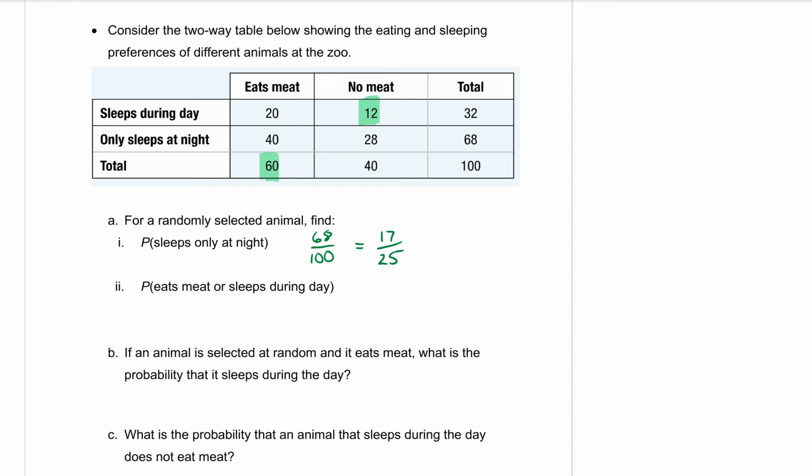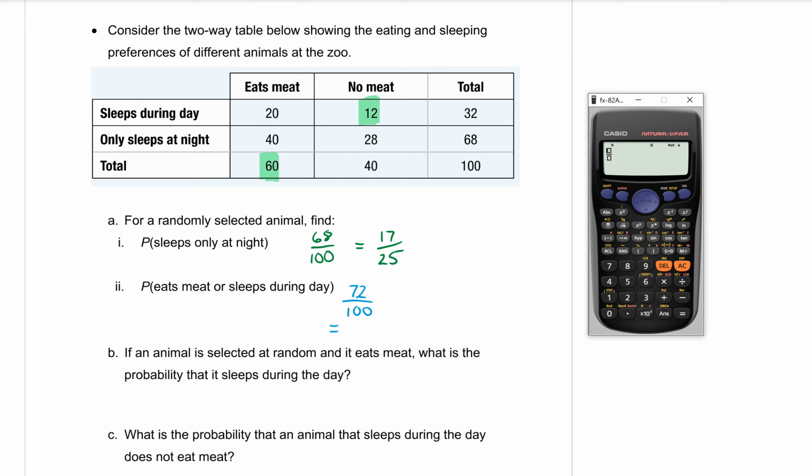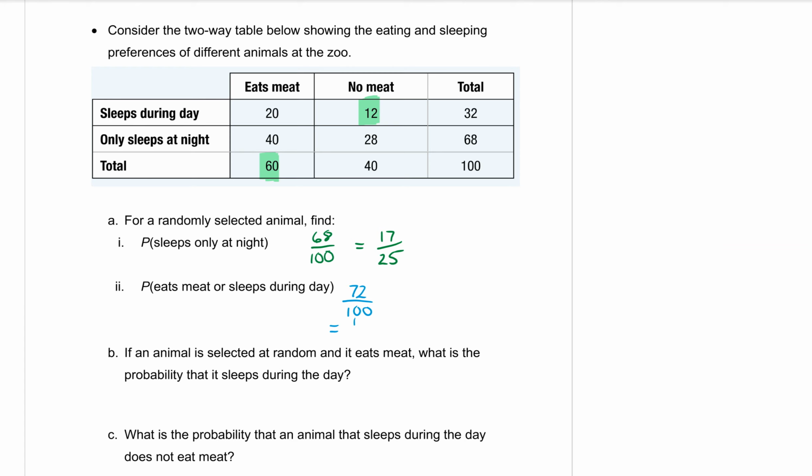So altogether we have 60 plus 12, that is 72 animals that eat meat or sleep during the day out of 100, and we use our calculators to simplify. So 72 over 100 equals 18 out of 25.